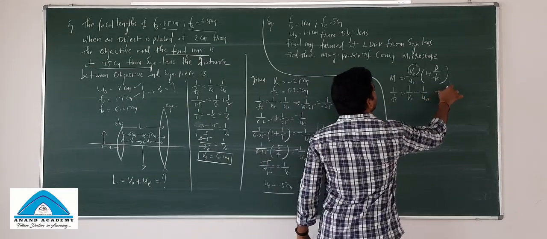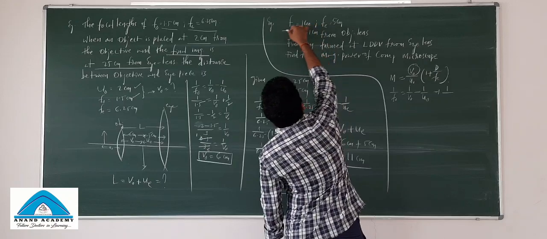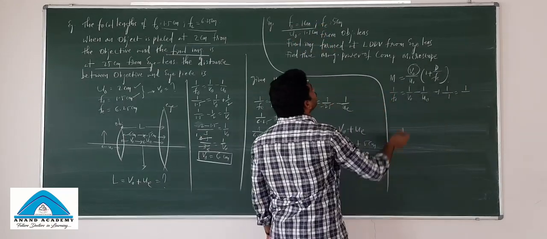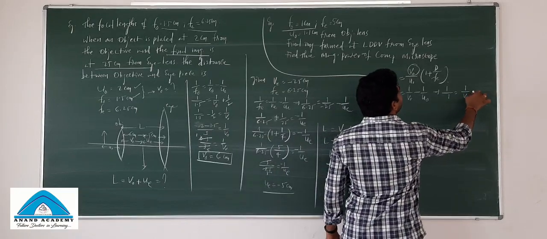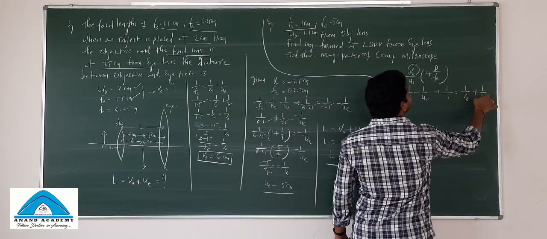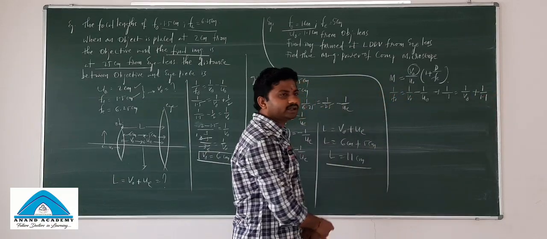So let's apply. 1 by F naught is 1, which is equal to 1 by V naught minus U naught, which is 1.1, minus of minus plus 1.1 here.